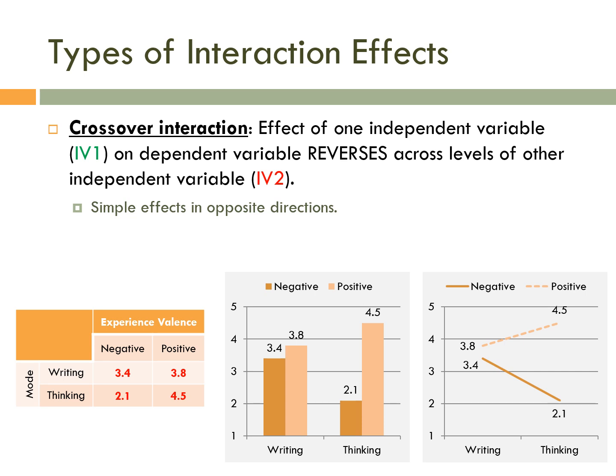It's still a crossover interaction because those slopes are different. When you're looking at negative versus positive experience within the level of writing or thinking, you're changing your slope there. So still a crossover because the direction of the effect is reversing depending on the other level of the other IV.